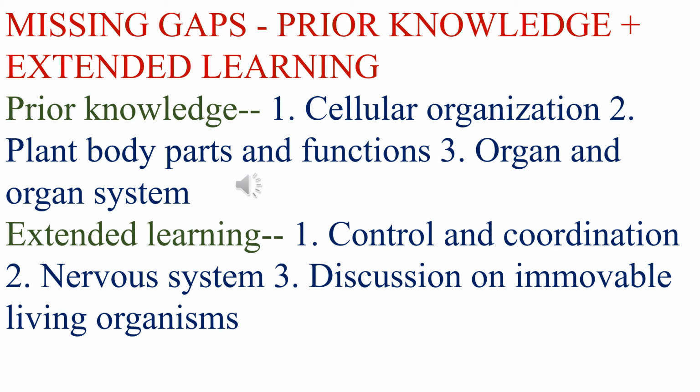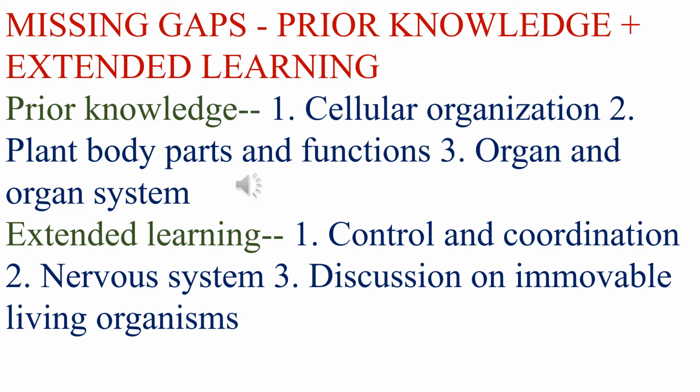And the next step is we need to fill up the missing gaps, that is the prior knowledge and the extended learning. So before starting a lesson, a concept, we used to test the children's prior knowledge. So for this concept, what prior knowledge can we test? We can test them by asking questions related to cellular organization and also questions like plant body parts and functions and organ system.